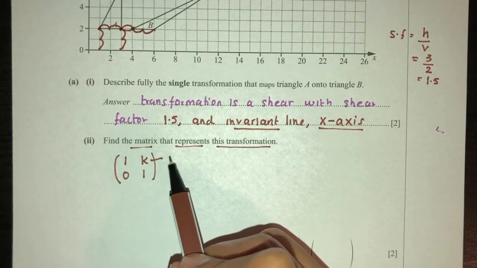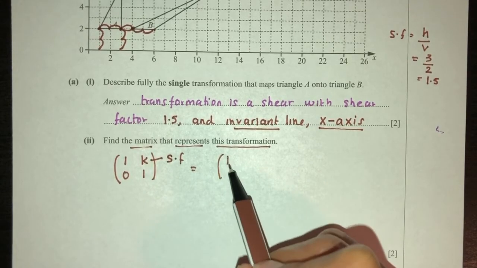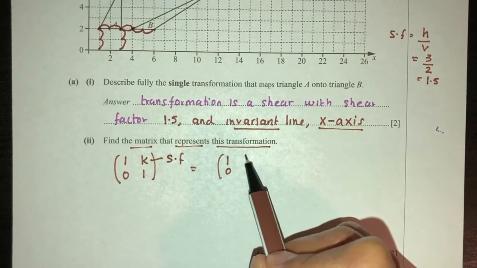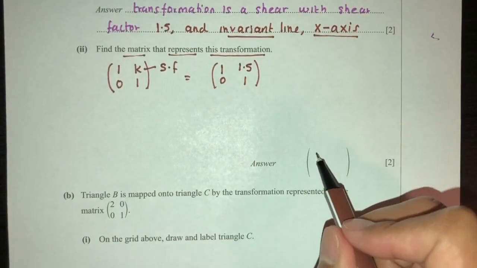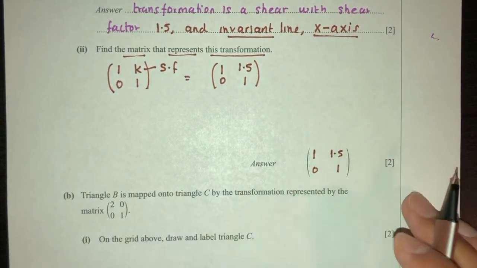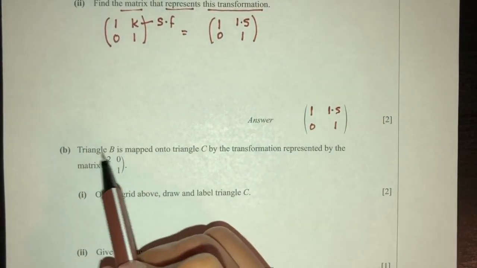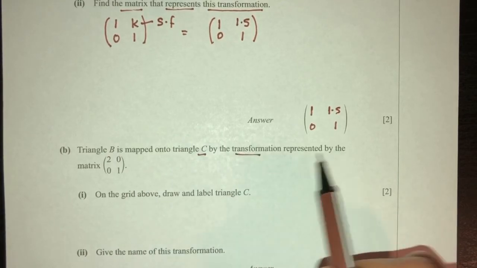So k is equal to your shear factor. In this case, that will be 1, 0, 1.5, 1. That will be your answer for part 2.